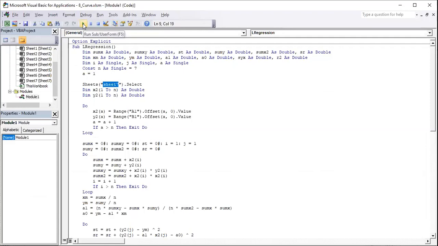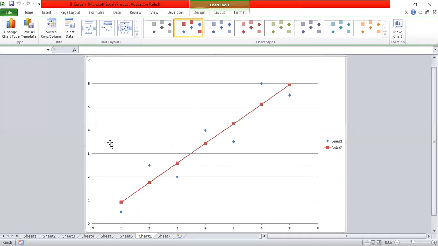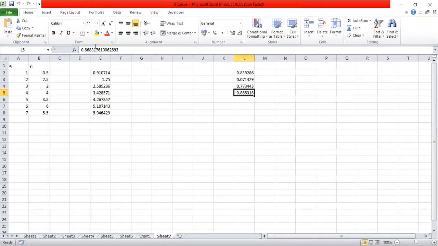Once I press the run button, the code to do all of the calculation is already there. So once I click this run button and I go to Excel, sorry, at sheet 7, it's going to give me the column for the straight line.